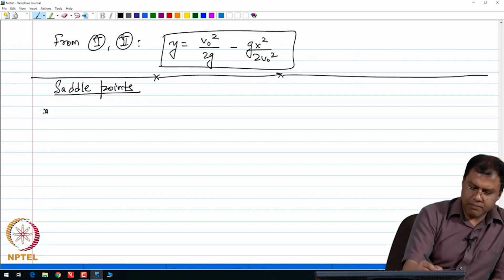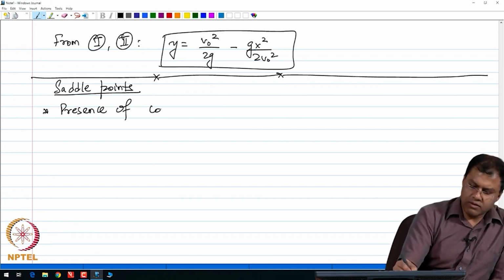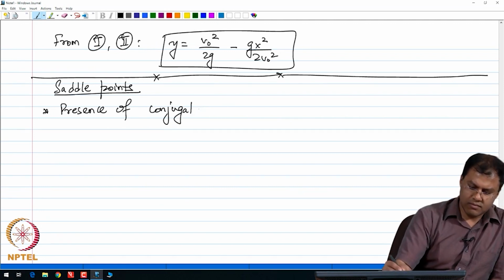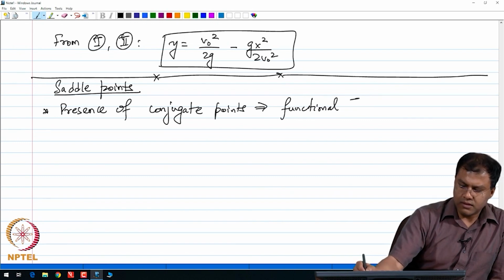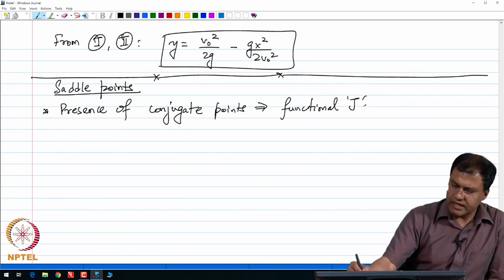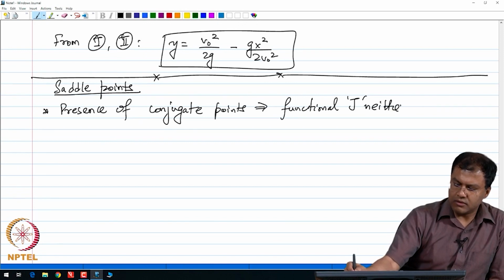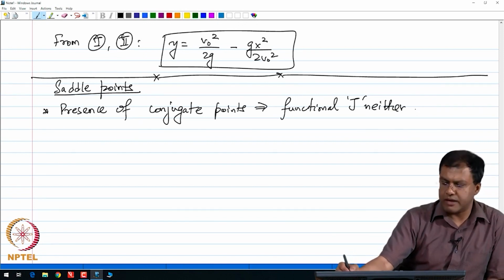Okay. So, which means the presence of conjugate points implies that the functional J neither... So this is a statement we mentioned few minutes back.